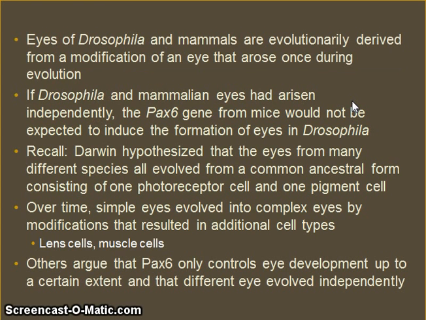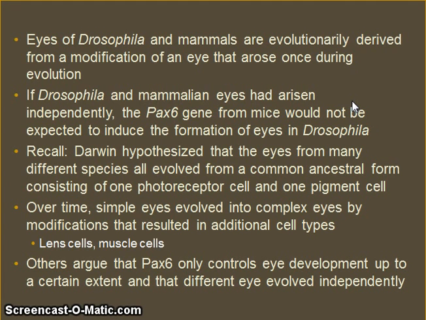And it's because of this experimentation that we are able to conclude that the eyes of Drosophila, or fruit flies, and mammals are evolutionarily derived from a modification of an eye that arose once during evolution. Because if Drosophila and mammalian eyes had arisen independently, the Pax6 gene from mice would not be expected to induce the formation of eyes in Drosophila.